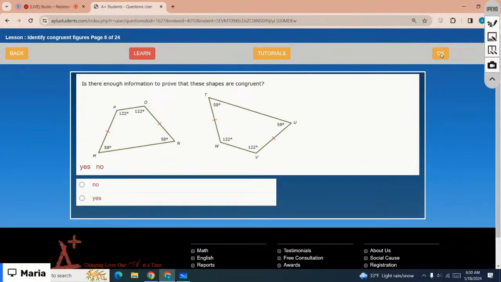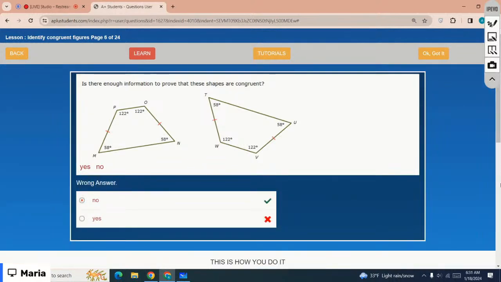Is there enough information to prove that these shapes are congruent? The correct option is yes, they are congruent and they have enough information, right?